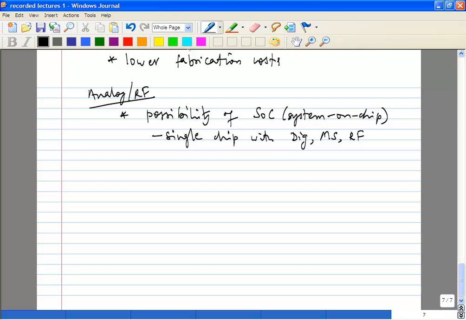Okay, all three functionalities. And that means the lesser number of interfaces with the external world, which is always better for us, as well as cheaper. You can sell the whole chip at a much cheaper price.